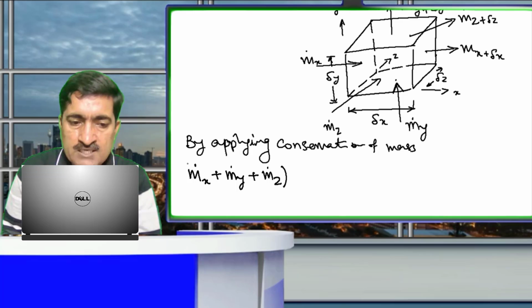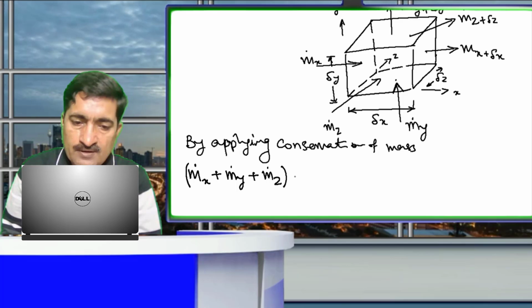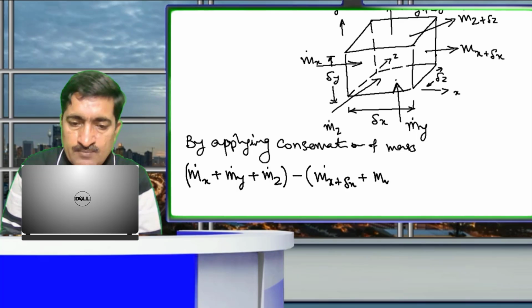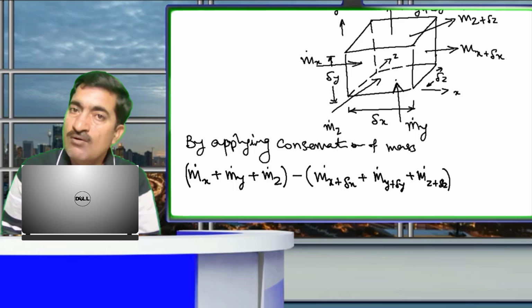These are the mass flow rates entering the surfaces, and mx plus delta x plus my plus delta y plus mz plus delta z is the mass flow rate leaving from all surfaces.